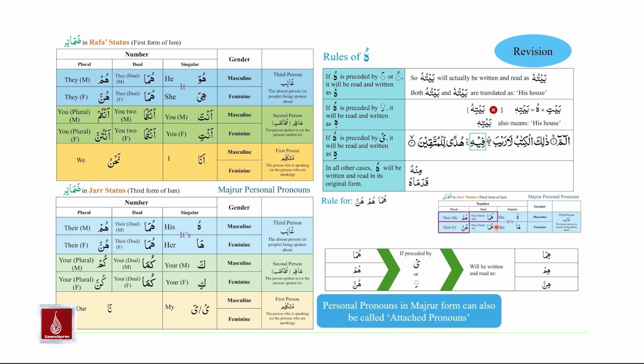In the third person section of the chart, we can see huma, hum, and hunna. If any of these three is preceded by ya with sukoon on it, or it is preceded by zair, then they will be written and read as hima, him, or hinna. So huma will be written as hima, hum will be written as him, hunna will be written as hinna if any of these is preceded by zair or by ya with a sukoon on it.